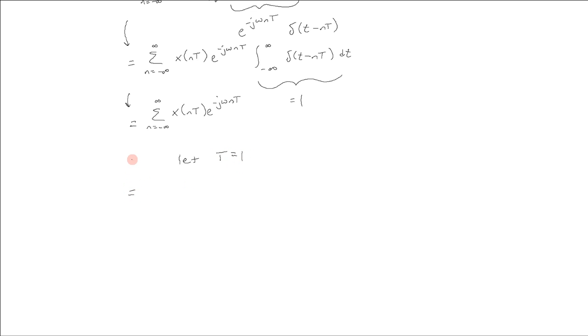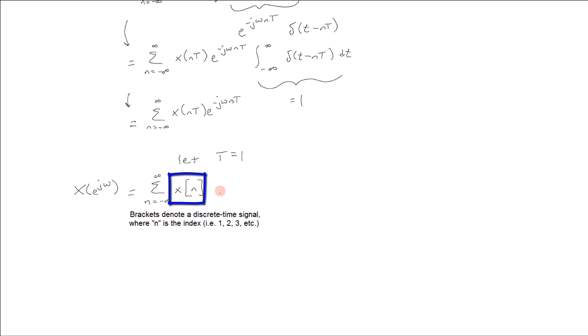In which case, what we get is that X of e to the j omega, and I'll explain this notation in just a moment, is equal to the sum from negative infinity to infinity of x of nT, and that's equal to our sampled signal x of n, because it's just a function of n and capital T is fixed, times e to the minus j omega n, since capital T is equal to 1.